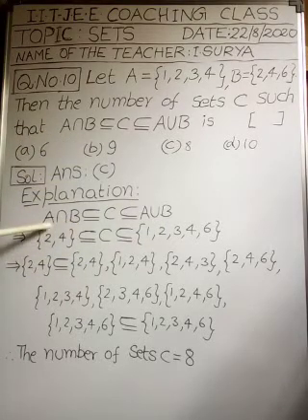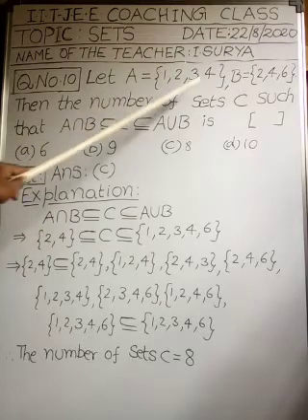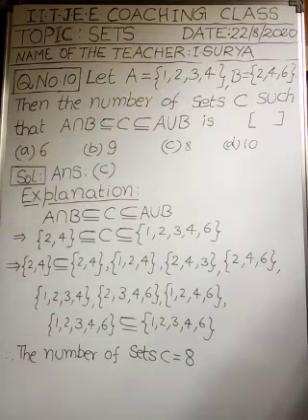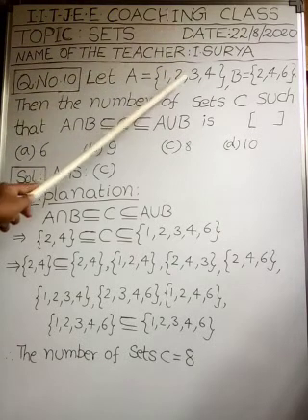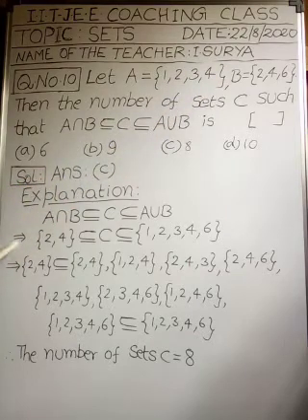This implies, let us find A intersection B. Do you remember how to find the intersection of two sets? What is meant by the intersection of two sets? The set of all common elements. What are the common elements here? 2 and 4 only. So in LHS I wrote the set 2 comma 4. Understood this part, my dear children?